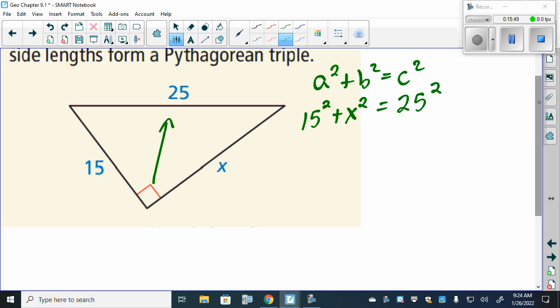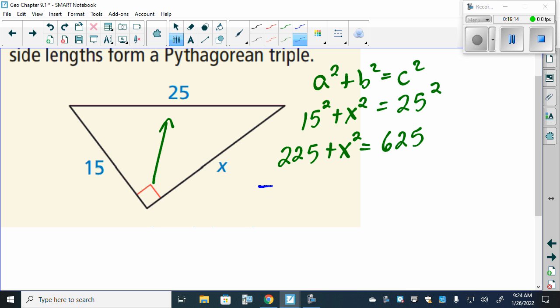So we can plug those in for A and B, which gives us 15 squared plus x squared equals 25 squared. So 15 squared is going to be 225. And 25 squared would give us 625.